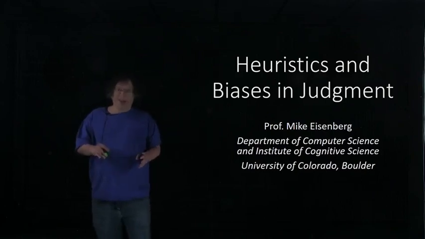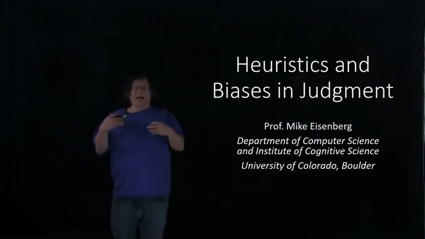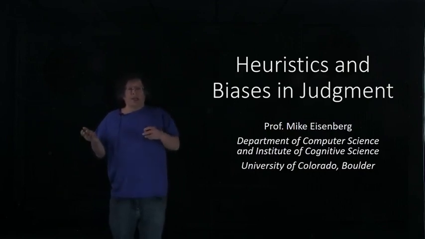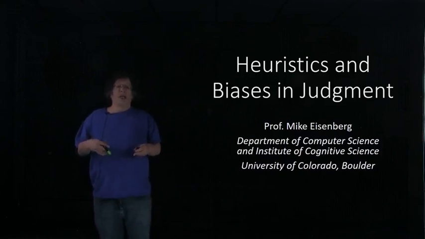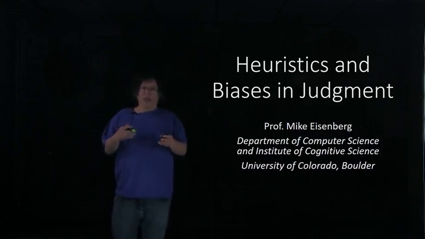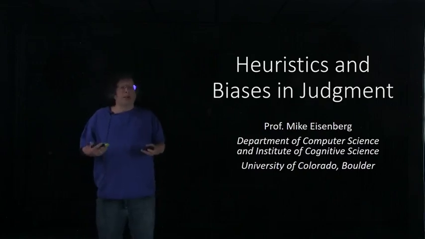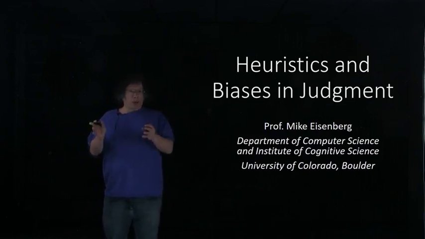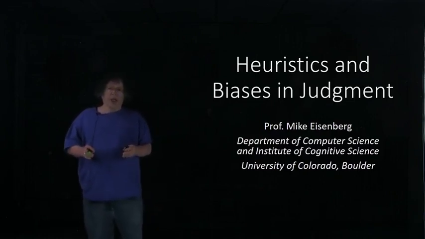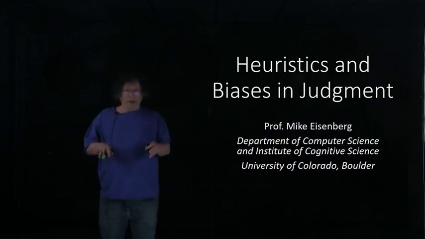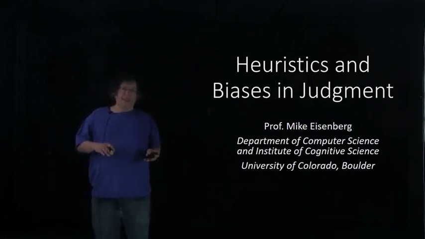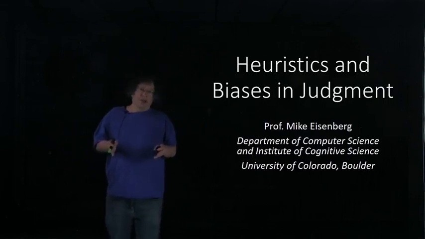While we're on the subject of judgment and decision making, we began talking about some of the issues involved in human judgment and decision making, and we contrasted those with the ways in which we discussed this from a computational viewpoint when we were talking about more abstract problem solving. What I want to do right now in this particular session is describe a couple more examples of what have been called heuristics and biases in judgment.